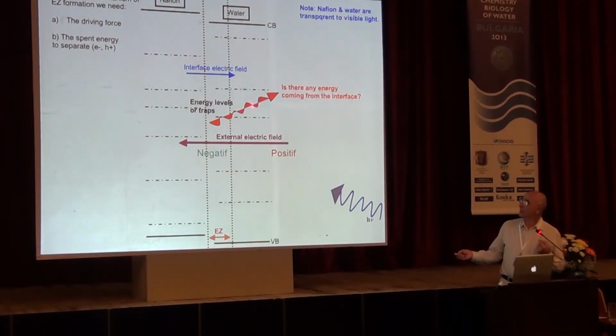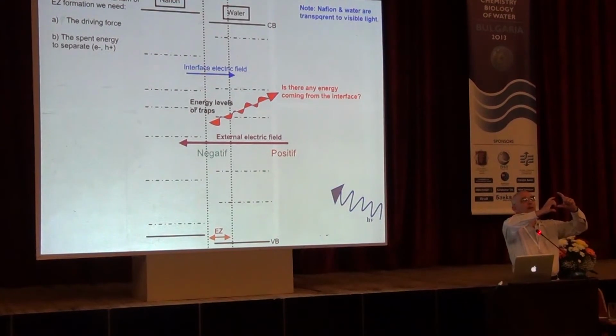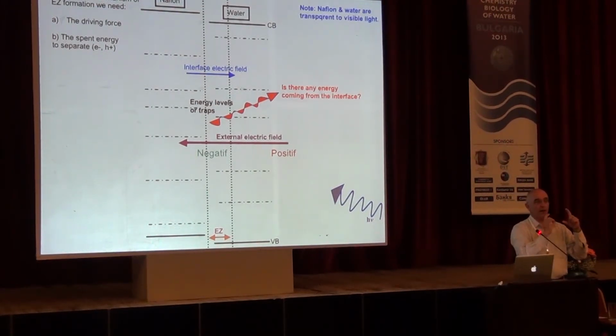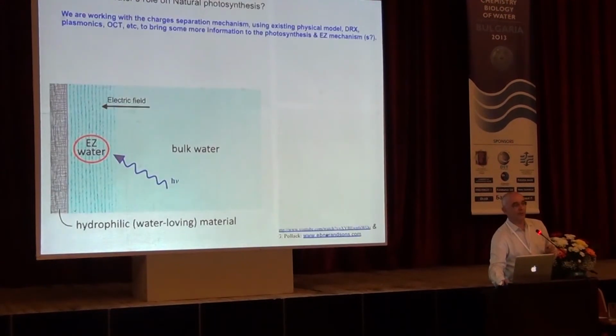In a system with band gap engineering like this one, the emission from the interface has nothing to do with this one and with this one. It's just an interface property, electrical and optical. If we are seeing some information from the interface, maybe we have part of the answer for the system.